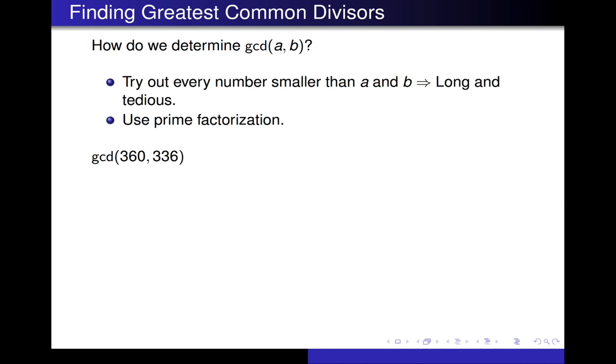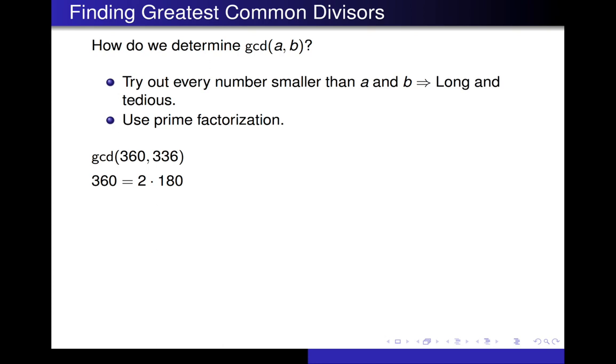So let's suppose we're finding the GCD of 360 and 336. Not obvious what the greatest common divisor of those is going to be, so we might want to try making prime factorizations. So let's first work on 360. Well, you could tell it's even, right? So we can factor out a 2.